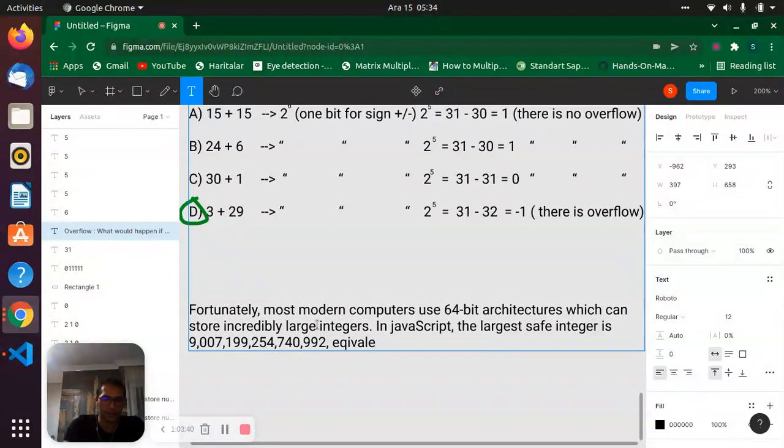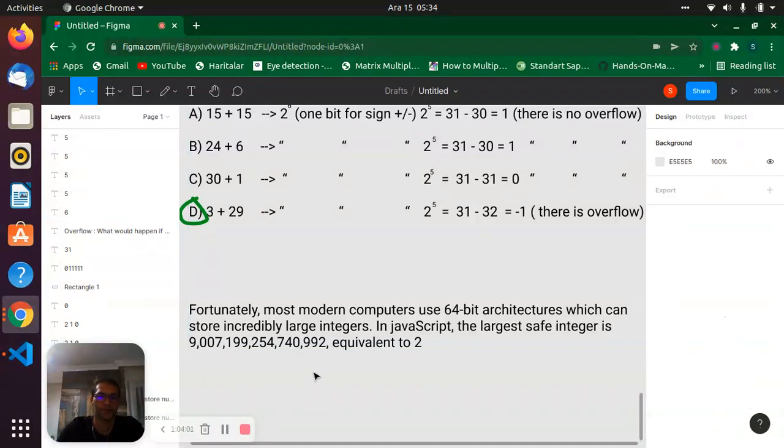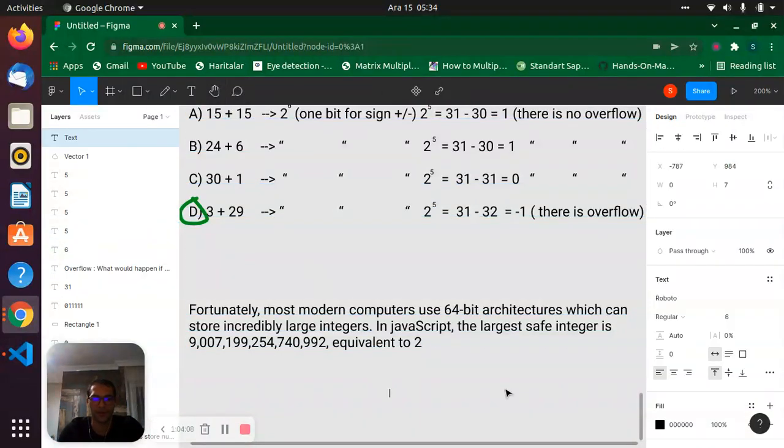Equivalent, I mean, equivalent to 2 to the power of 53.